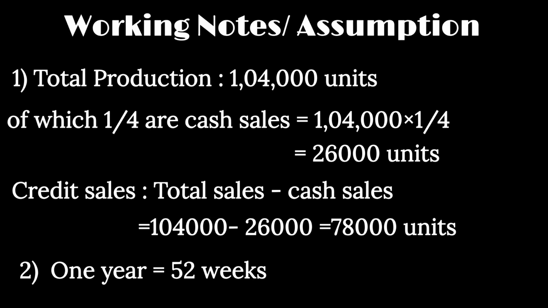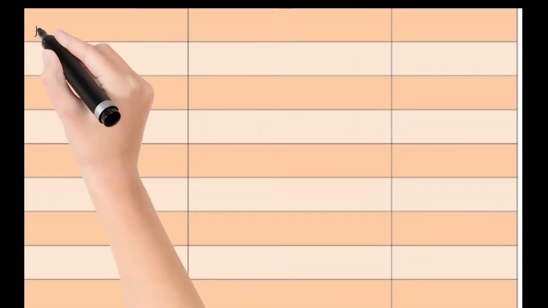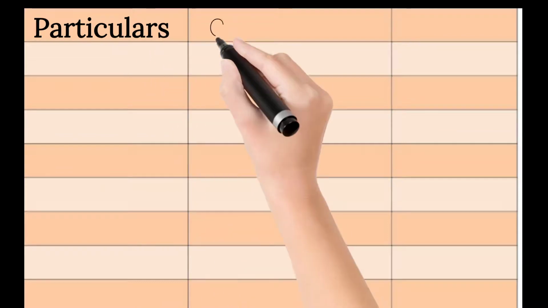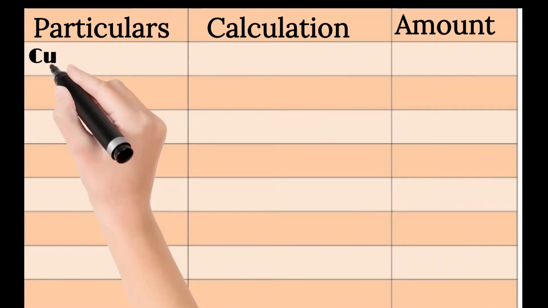Now we will see the statement showing working capital requirement. For making this statement, we will prepare 3 columns: particulars, calculation column and amount column. If you remember, the format begins with the calculation of current assets.